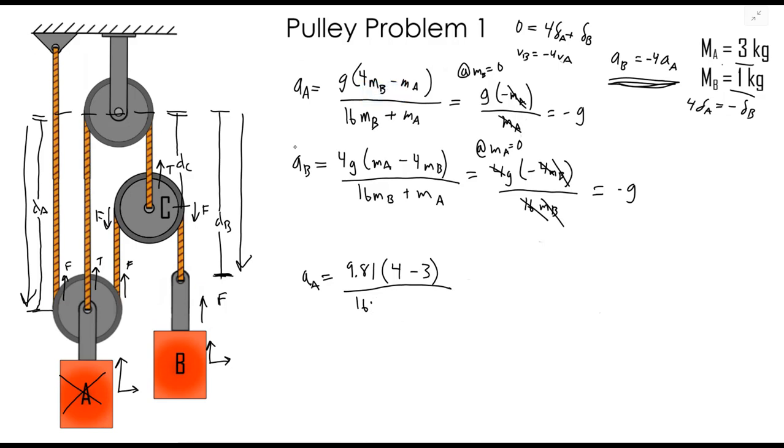So 16 times 1 is going to be 16, so we're just going to forget that part. 16 times 0, you get what I'm saying, times 1, times 1. And then mass of A is going to be 3.